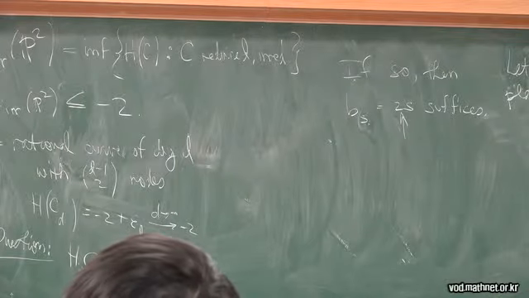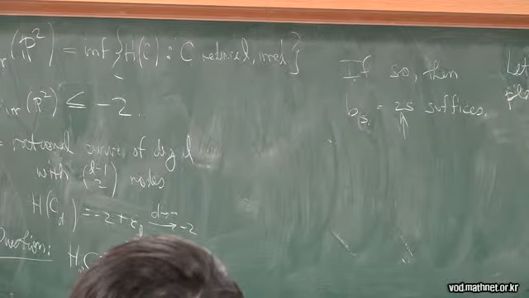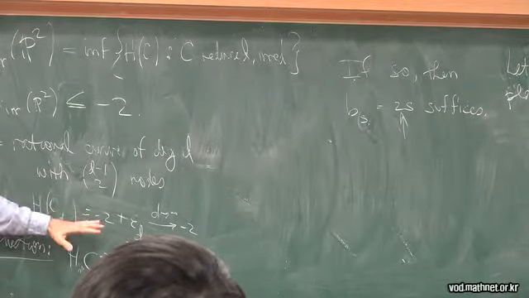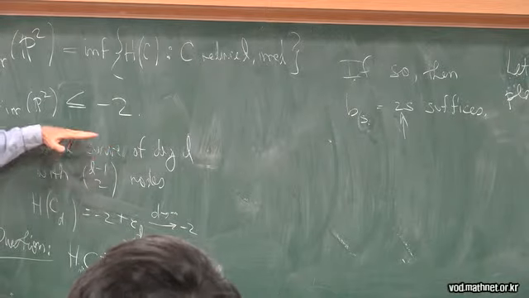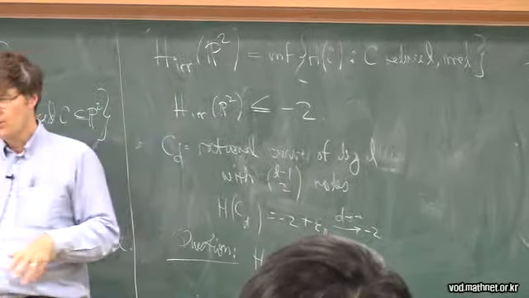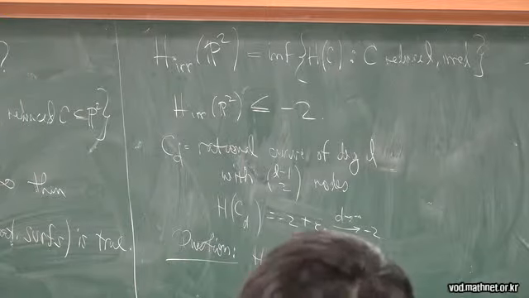Chiliberto, Miranda, me, Klusterman, I mean a bunch of people. And we couldn't do better than this example. And this example of the rational curve with the nodes, Kim Roe thought of it after 5 minutes.